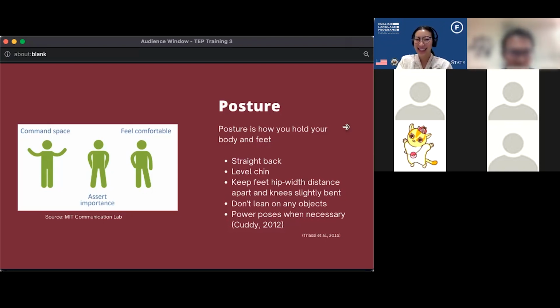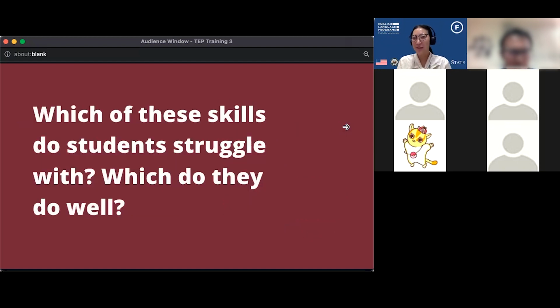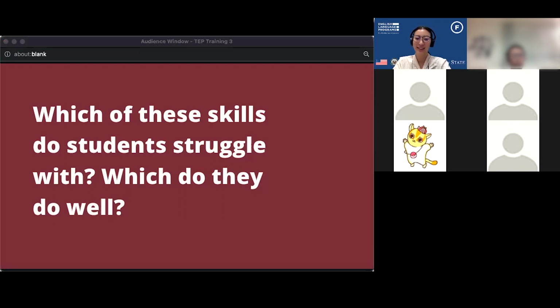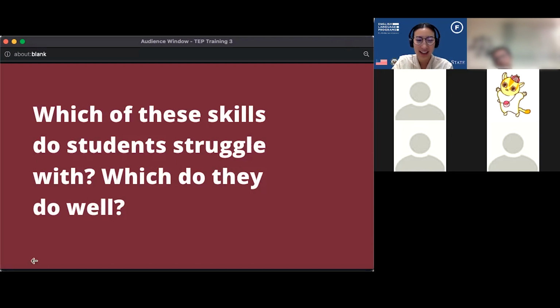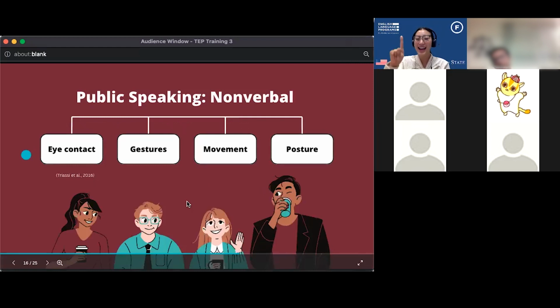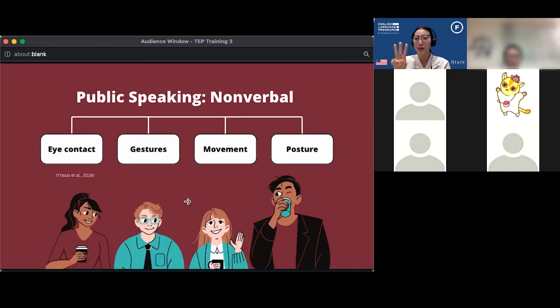All right. So now that we've looked at the nonverbal skills, which of these skills do students struggle with and which ones do they do well? Remember, the 4 were eye contact, gestures, movement, and posture. What are things that they do well already?